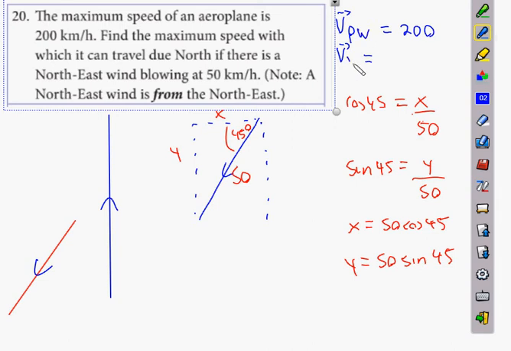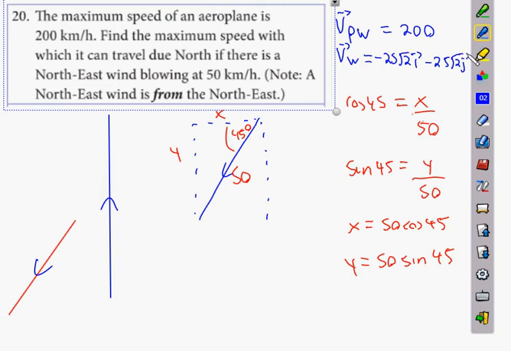W, velocity of the wind. I sometimes use air and wind, it varies question to question. Both of them are negative, right? So minus 25 root 2 I minus 25 root 2 J.